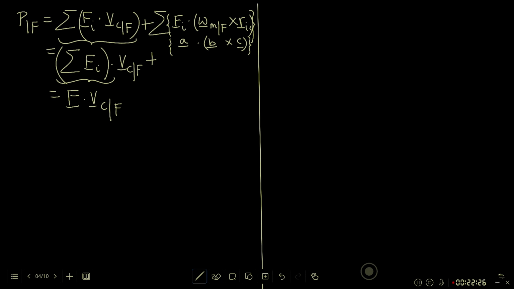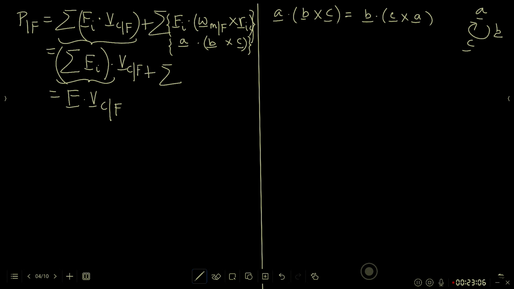Now there is an identity that if you have an expression like this and you change the order of A, B, C, A becomes B, B becomes C, and C becomes A, according to this kind of thumb rule that I have made here, the expression remains unchanged, and thus I can write this second expression as this inside the summation itself.